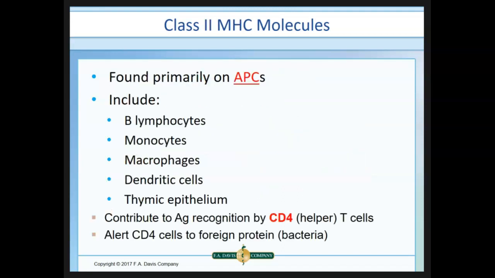Class 2 molecules are found primarily on antigen-presenting cells, such as B lymphocytes, monocytes, macrophages, dendritic cells, and thymic epithelium, so in the thymus, your epithelium. These contribute to antigen recognition by CD4 T helper cells. They alert CD4 cells to foreign protein, for example, bacteria.